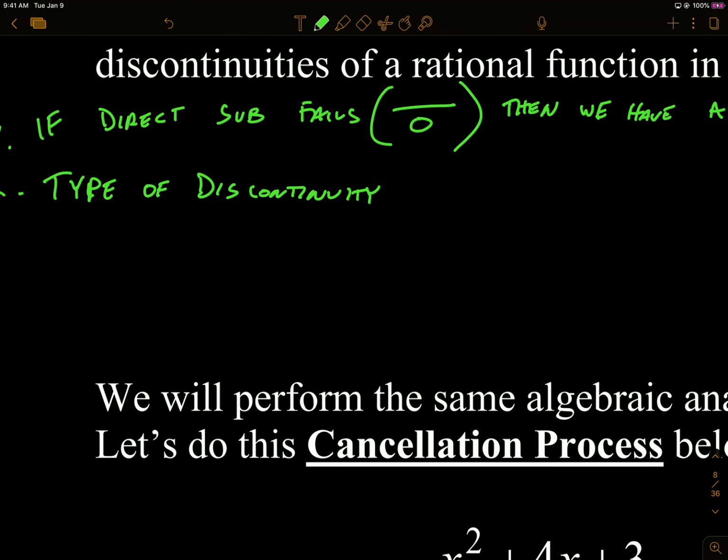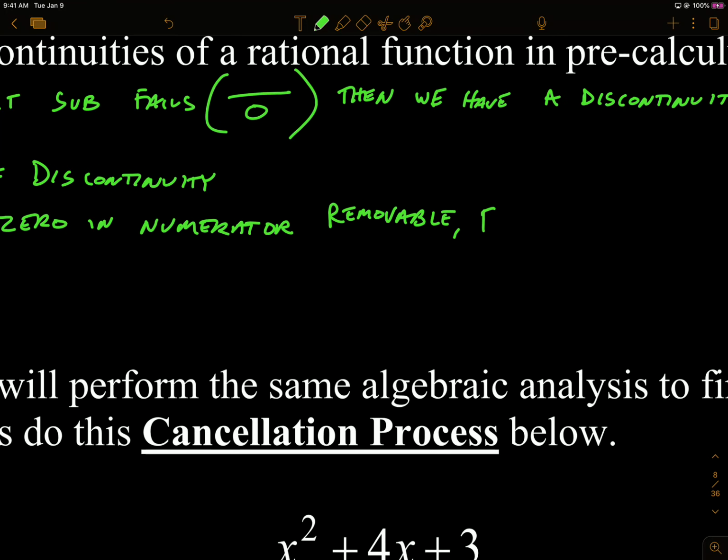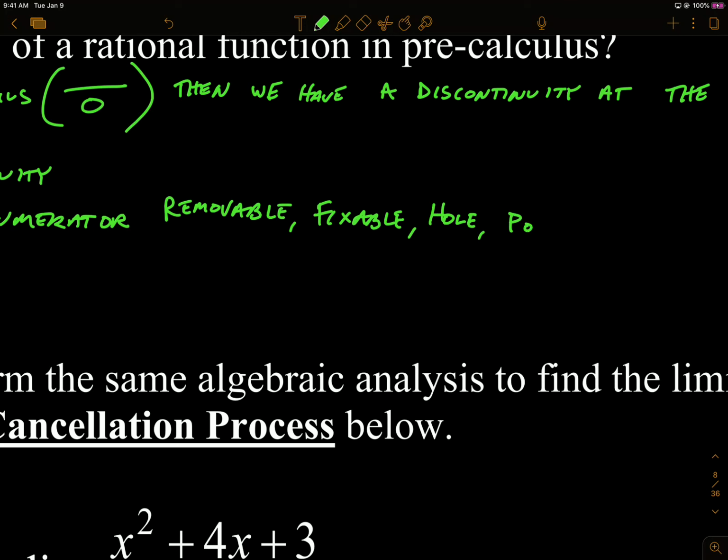And so if we get 0 in the numerator, that's a removable or fixable, or a hole on the graph, or we've called it point, all of those words, discontinuity.